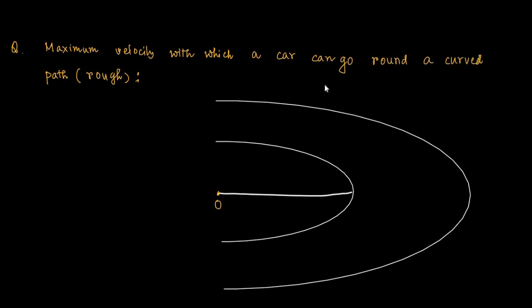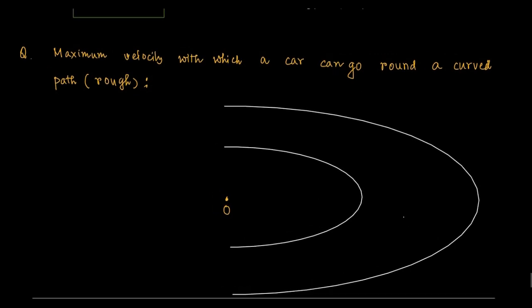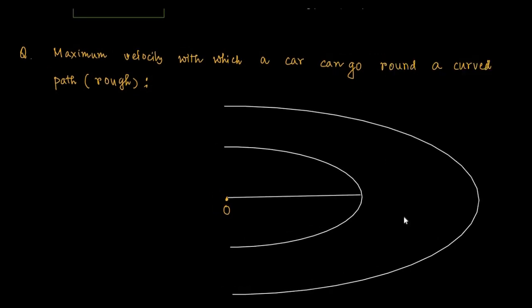R is the radius of this curved road. This is the curved road or path, and this curved road is rough.